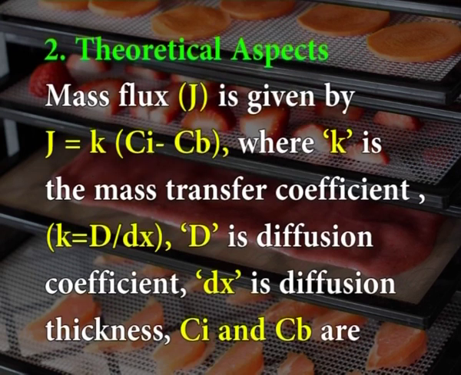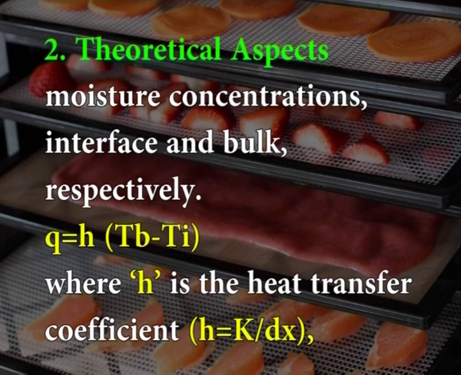The mass flux J is given by K into (Ci minus Cb), where K is the mass transfer coefficient, nothing but the ratio of diffusion coefficient to the diffusion distance dx, where Ci and Cb are moisture concentrations at the interface and bulk respectively.